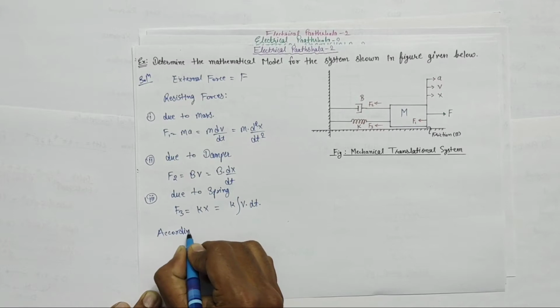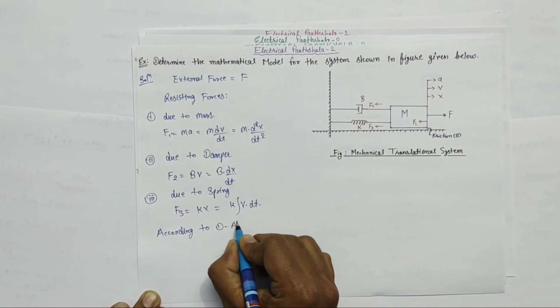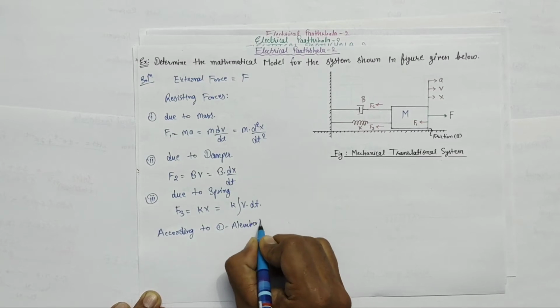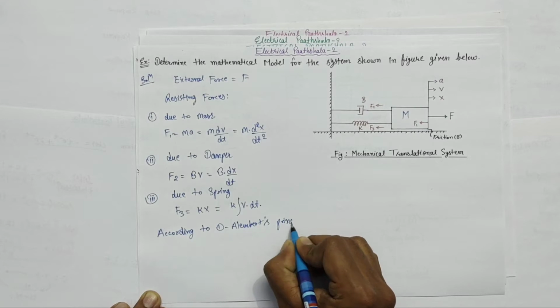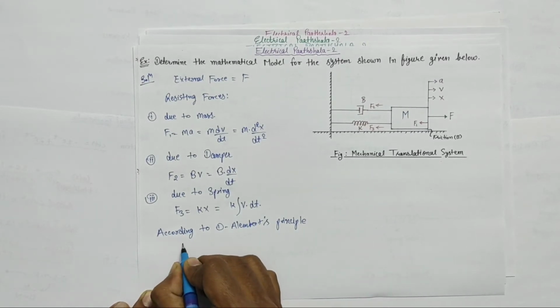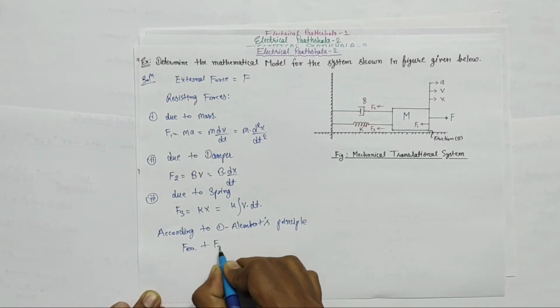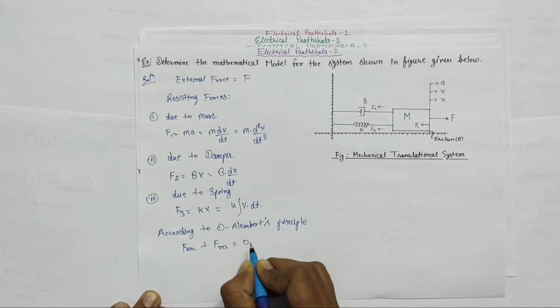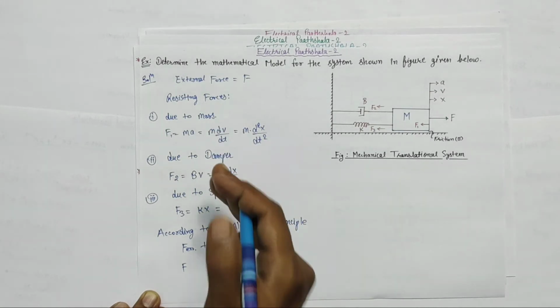Now we know, according to D'Alembert's principle, we can write it as F external plus F resisting is always 0. We know it. So here we can write F external is F and F resisting is F1, F2 and F3.